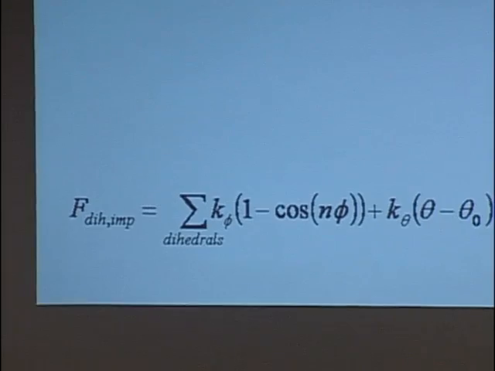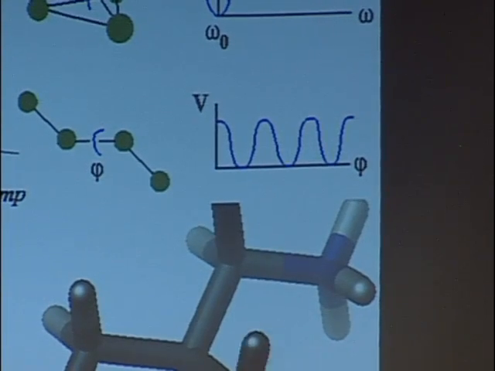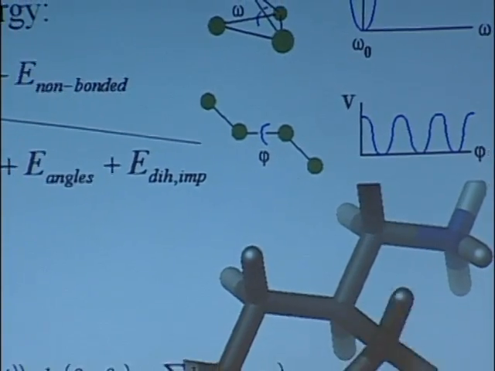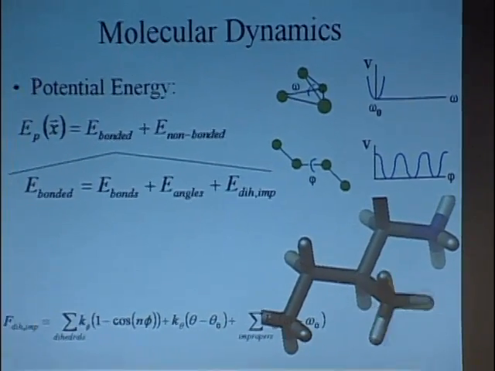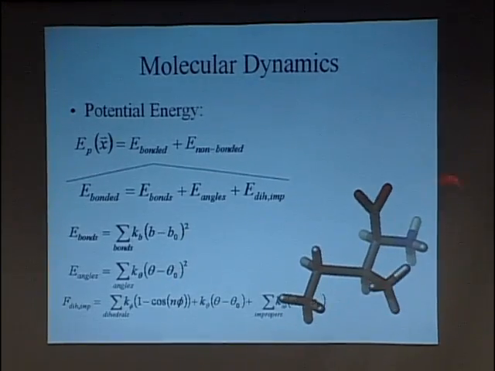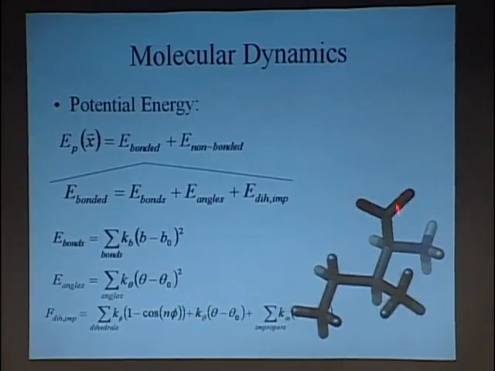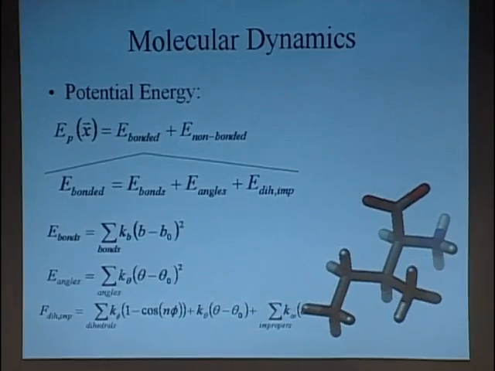Or in this case, it will tell you how far up the potential will go, what this value will be at the maximum. And in this case, it will specify how many fluctuations you have in the energy function. And the other parameters are usually the equilibrium theta, or the equilibrium bond length. So this is kind of what you can expect it to look like as molecules will tend to move.